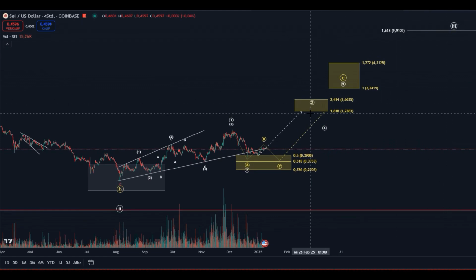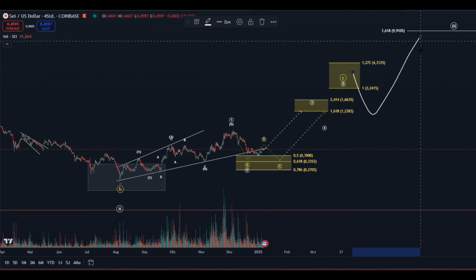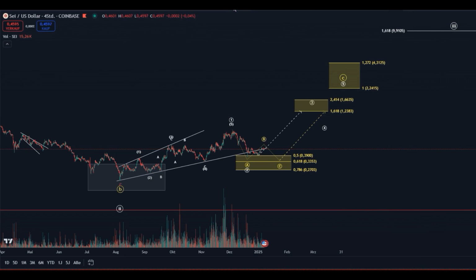Because wave 3 always has to be the longest wave in an impulse, right? You can see that for yourselves. If we don't reach up here with a 4 and 5, that means the bull run would end at this point, or we would shoot up really high. We might first see a trend reversal here in the upper area, and there would be a chance, if we were up here, for a 4 and 5. However, there's still the possibility that we could reach the price target.